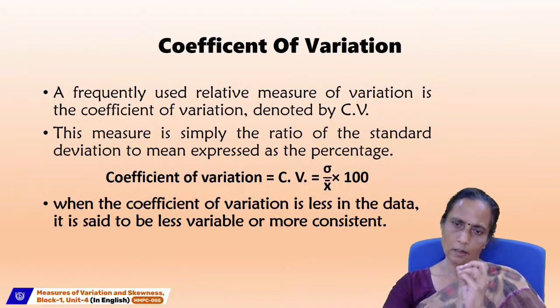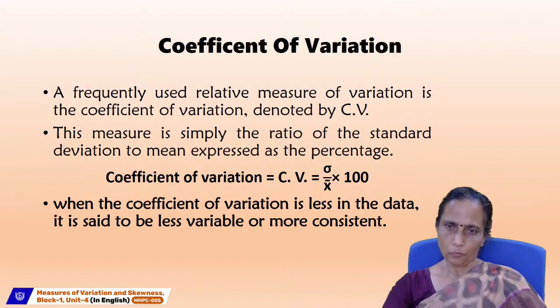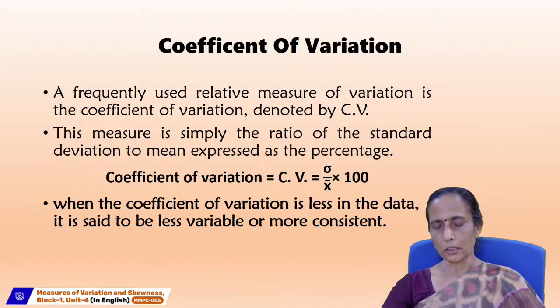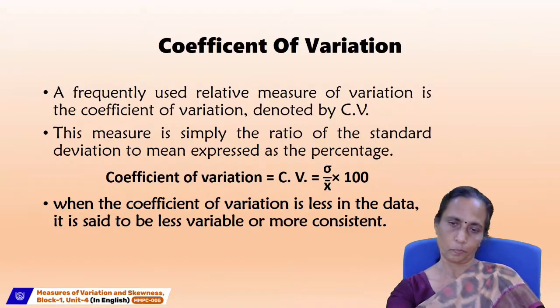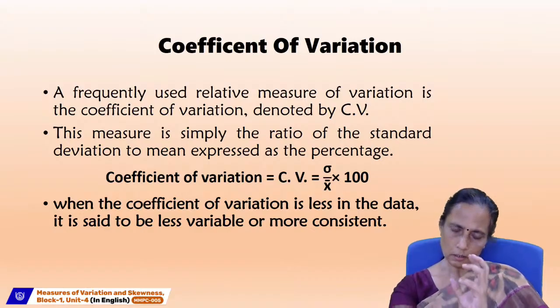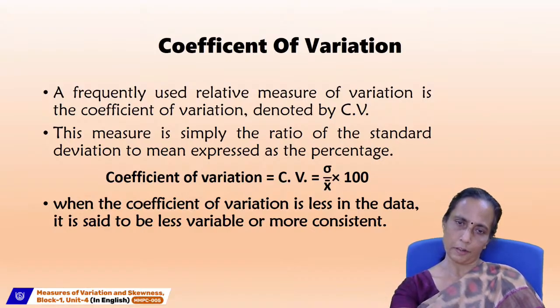This percentage figure, if it is less in comparison to the other player, then player 1 is more consistent than player 2. This is the use of your coefficient of variation.